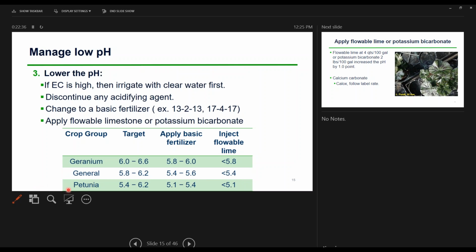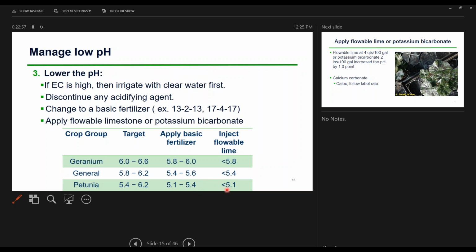And then with petunia, the crop's much happier at lower pH. So let's say that depending on the cultivar, the optimum pH is 5.4 to 6.2. Let's say if your pH is between 5.1 and 5.4, you might just want to apply a little bit of a basic fertilizer to make sure that it doesn't keep dropping.